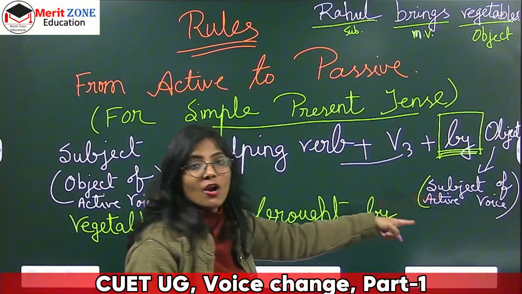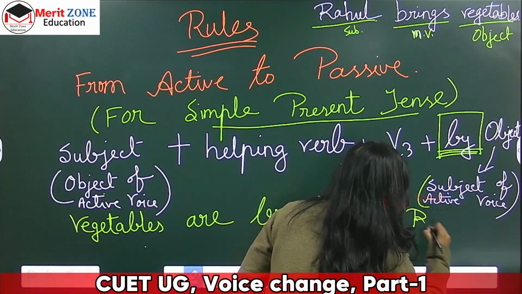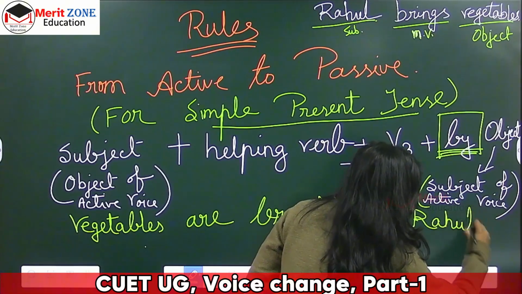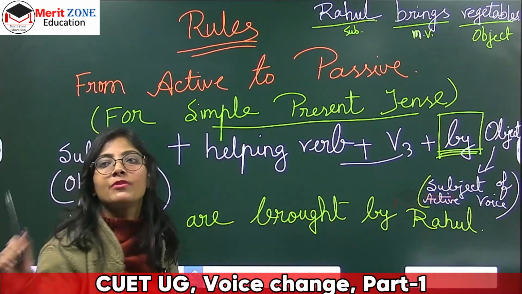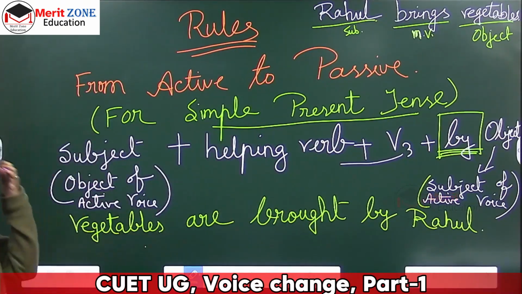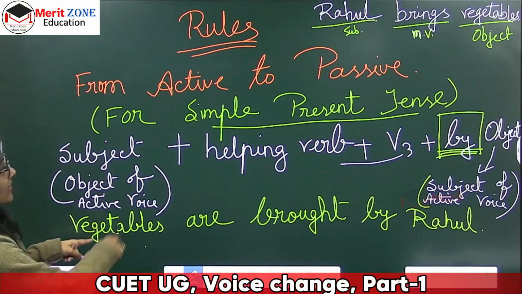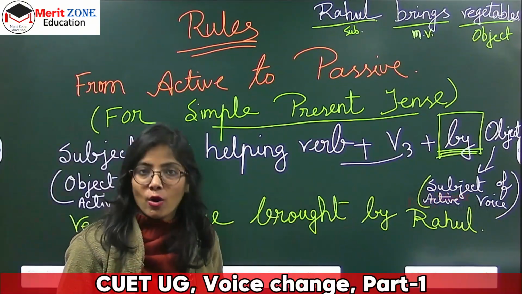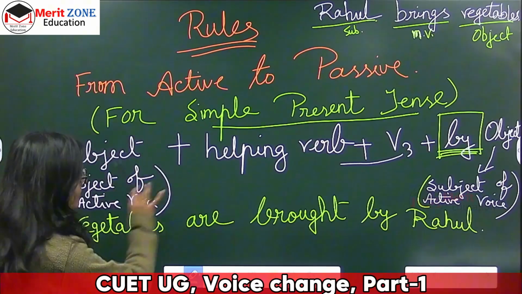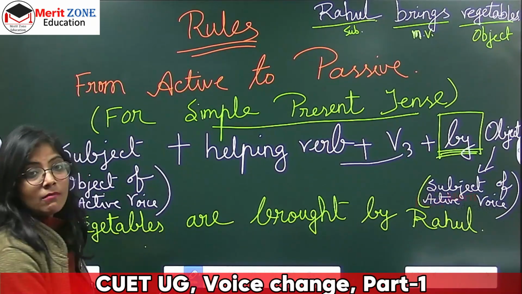So by Rahul. Full stop. So now this particular sentence is complete. Okay? How is it complete? Look, vegetables becomes are, vegetables are brought by Rahul. Clear? So here I have already changed it and this sentence becomes passive voice.